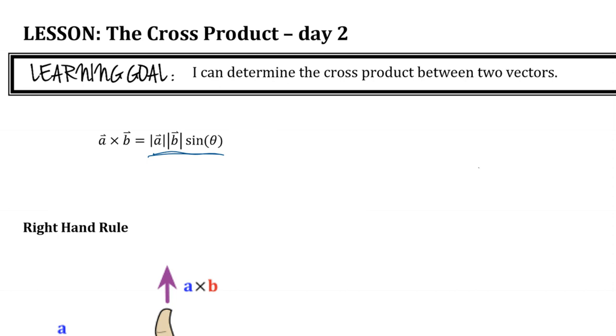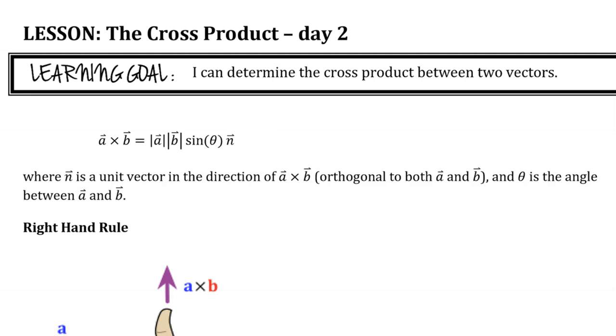You're exactly right. So there's one more little detail to the cross product where we have to include this. And n is a unit vector in the direction of A cross B. So whatever that means. Generally speaking, we don't know what that unit vector would be.